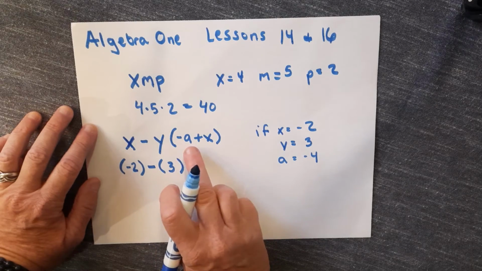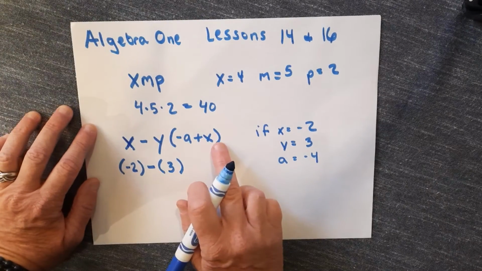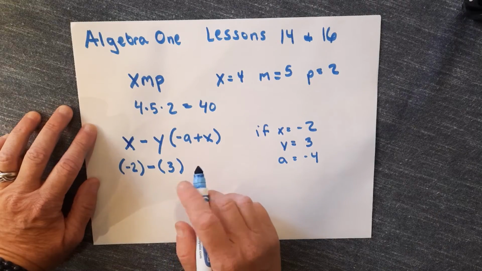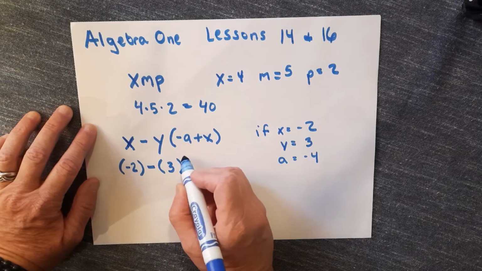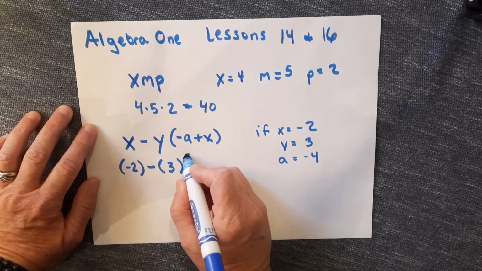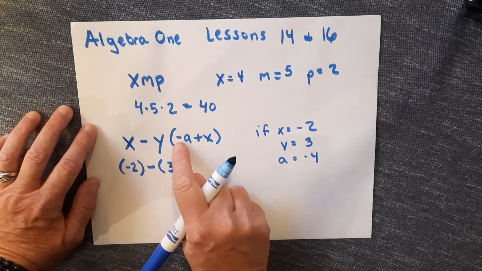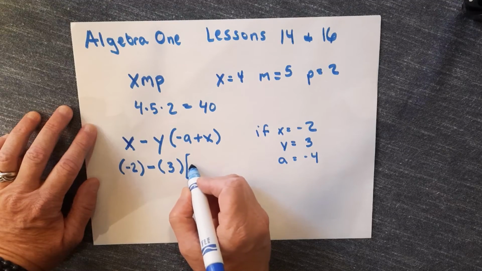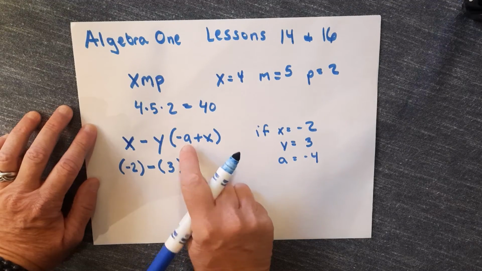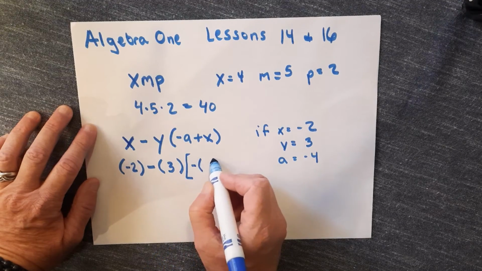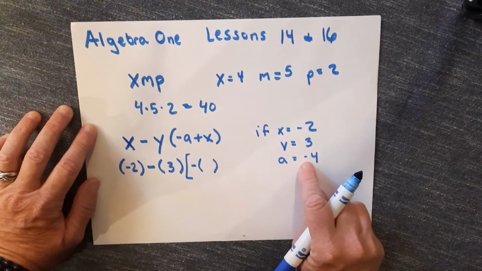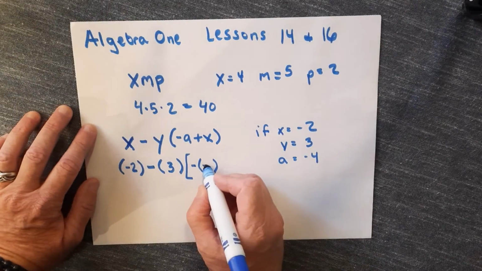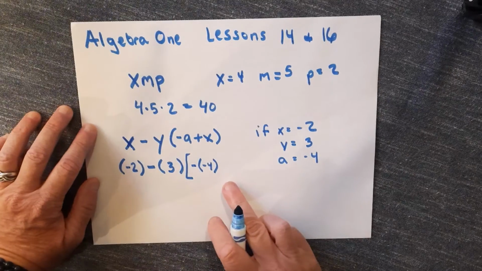Now we have another variable which is already inside of parentheses. So I'm going to make those parentheses brackets so we don't get confused. Now I have minus a. So we need to put the minus sign first, and then a we're going to replace with parentheses. In this case, a is negative 4. So the negative 4 goes inside there.